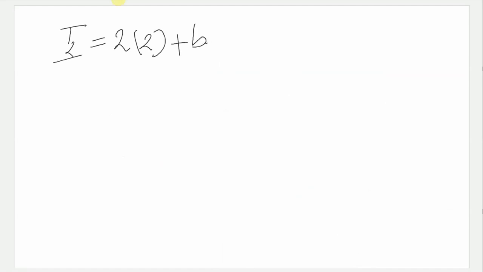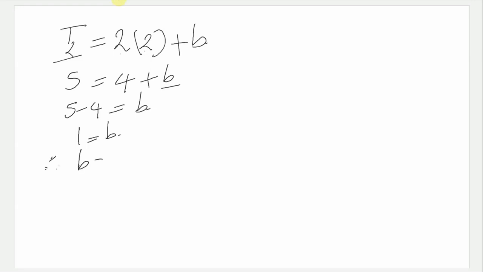We know that T2 is equal to 5, and then 2 multiplied by 2 is 4, plus b. Group this into like terms, and you will see that 5 minus 4 is equal to b. 5 minus 4 is 1, which is equal to b. Therefore b is equal to 1.